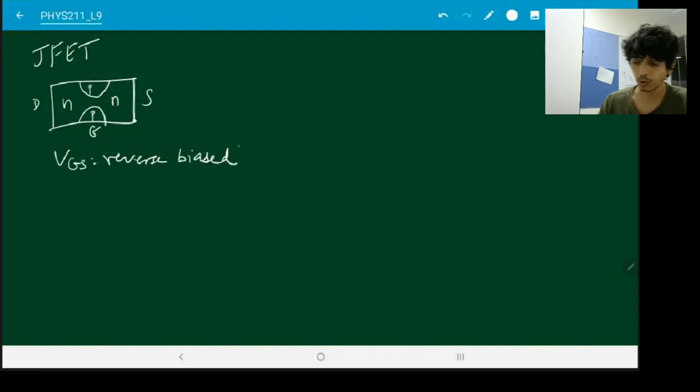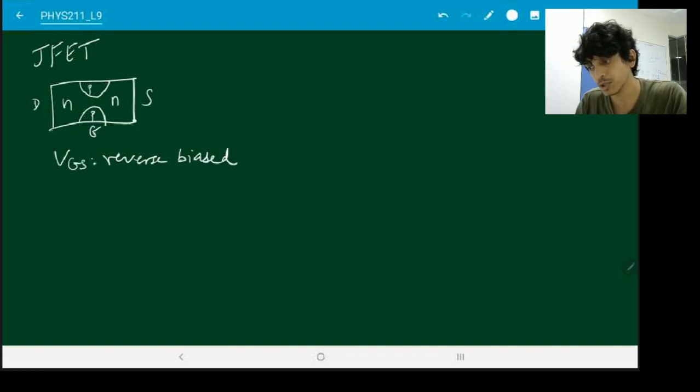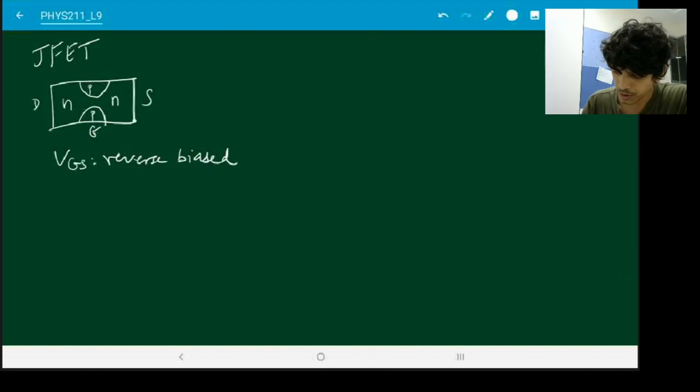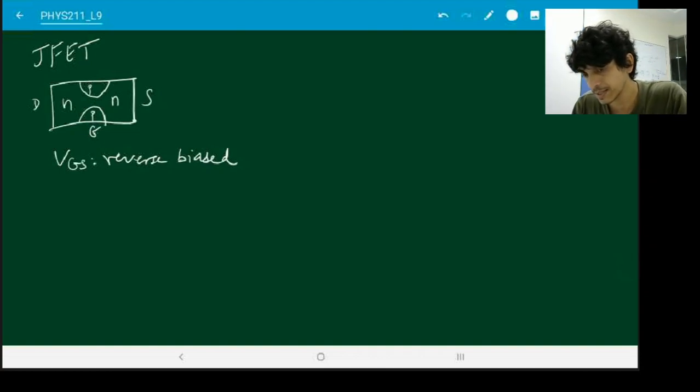Depending on how negative VGS is, if VGS becomes far too negative, then the depletion regions will meet up and then you will not have any current passing from the drain to the source. So we discussed how to bias this kind of device.